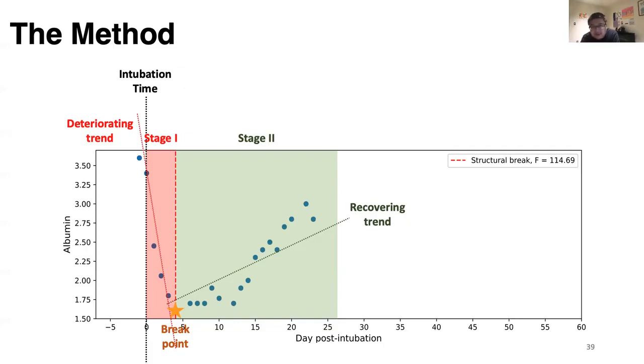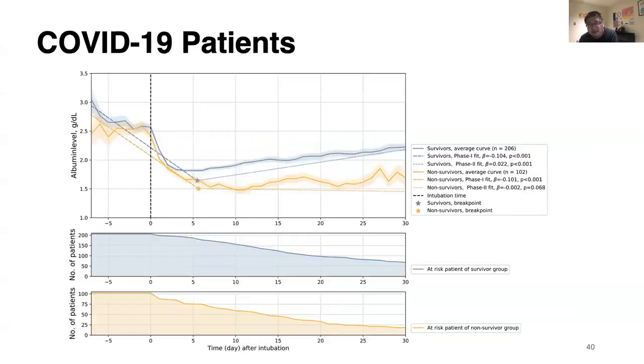After that, we fit a linear mixed effect model to estimate the deteriorating and recovering trajectories for survivors and non-survivors respectively. And we adjusted for age and sex. This figure shows the albumin trajectory in all critically ill COVID-19 patients.